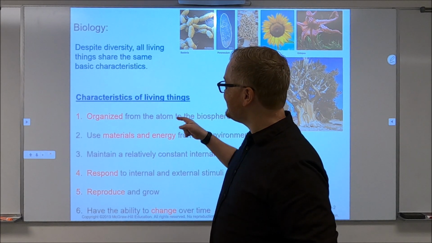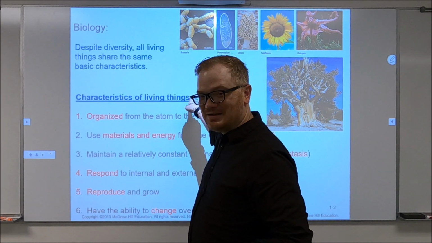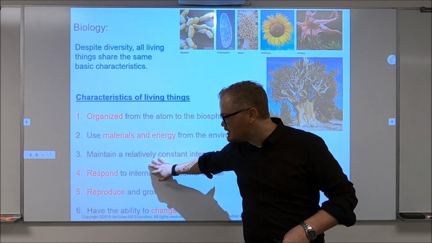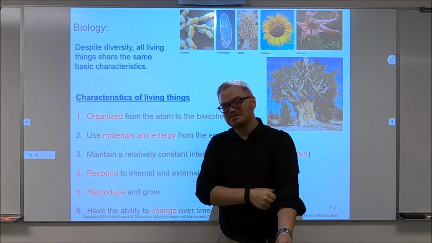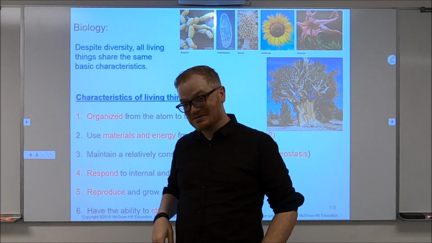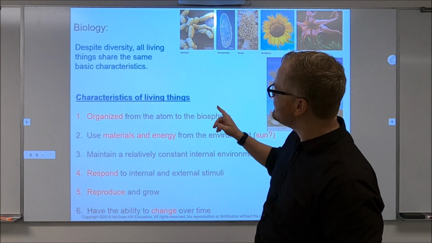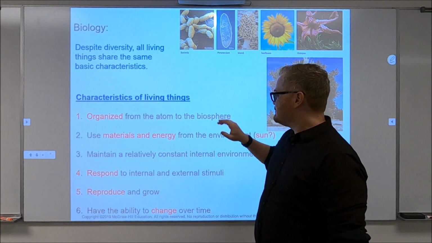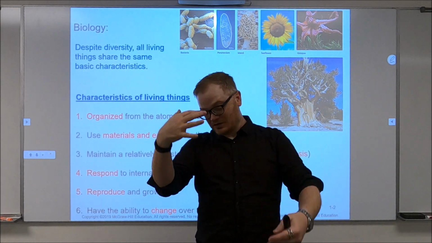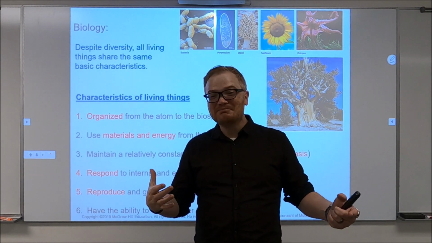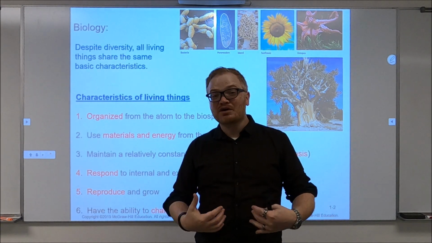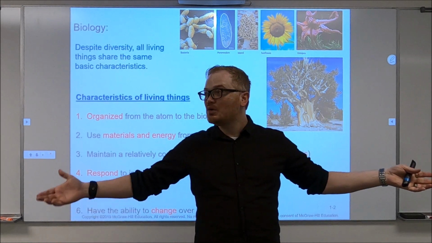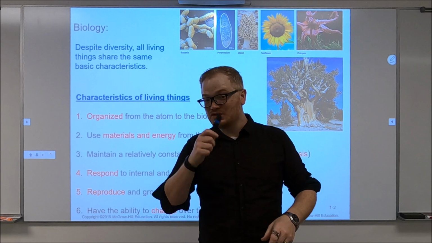So with that in mind, let's start right here and just very briefly discuss the characteristics of all living things. Okay? All living things are organized. Organized from the atom up to the biosphere. Again, you, at your lowest level, are made up of atoms. And then you are internally organized, much like the world around us is organized.